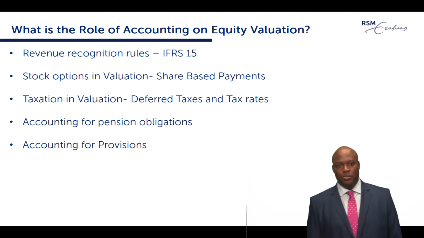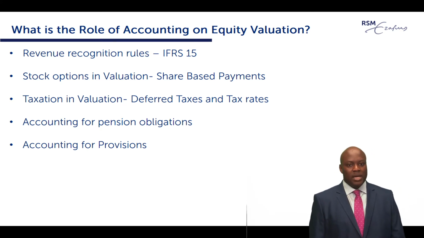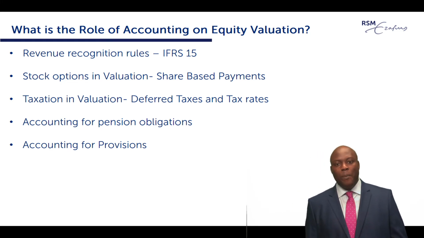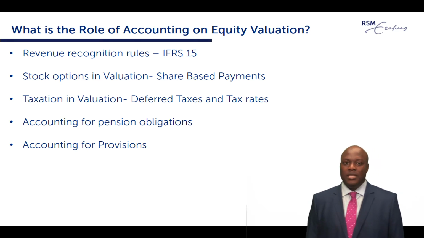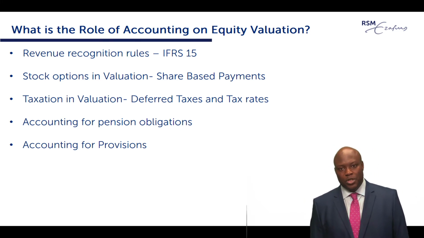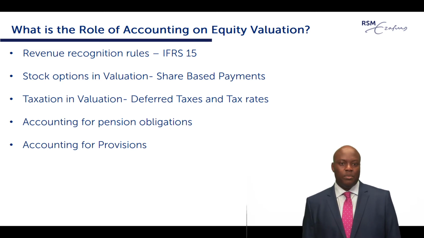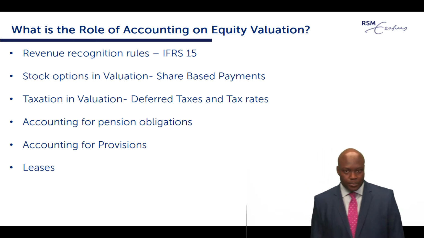So what do you do? You create a provision on the balance sheet. Every year you make sales or you make profit, you put some aside, hoping that that would be sufficient to cover the cost of decommissioning that oil rig in future. It can impact your valuation significantly if this is not properly measured. I will cover that in a separate video as well.